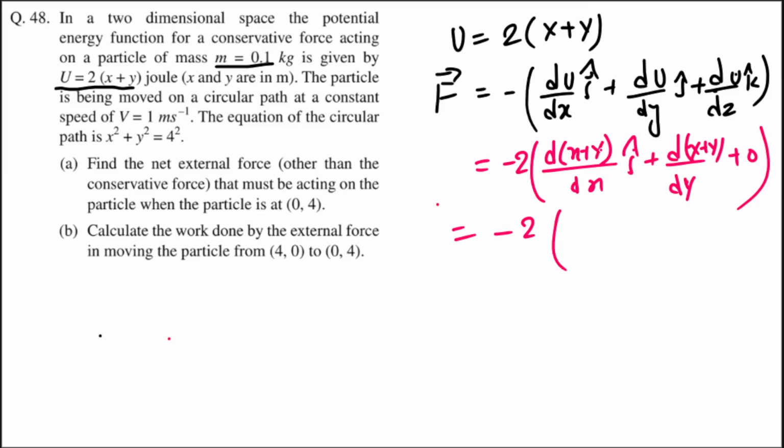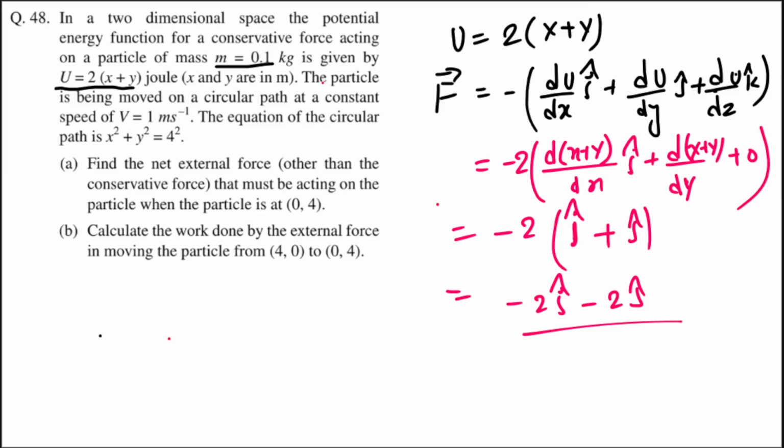Here you will treat y as a constant. Then this will become simply differentiation of x with respect to x, which gives you 1. So i cap only here, and here also you will get only j cap. So the force is how much? Minus 2 i cap minus 2 j cap. This is the force. If some particle is there in this field, then this is the force acting on it because of this conservative field.